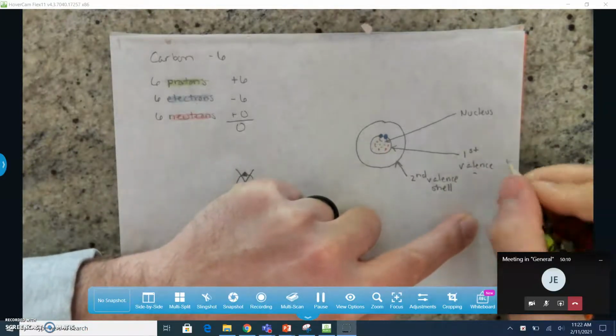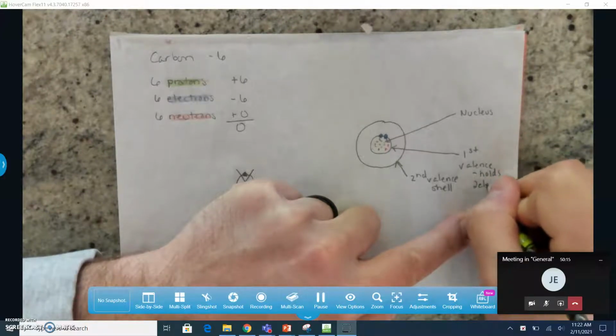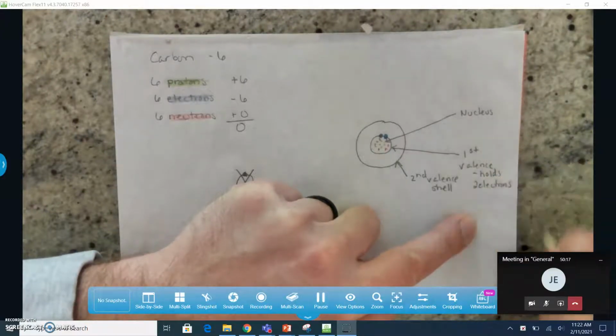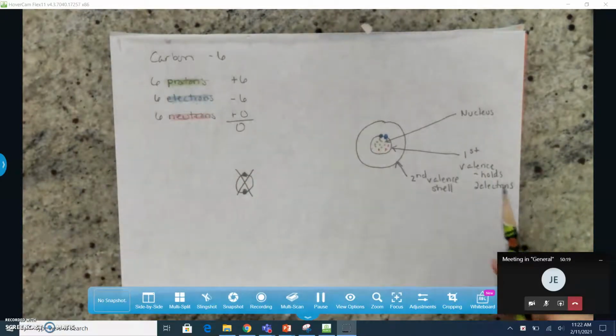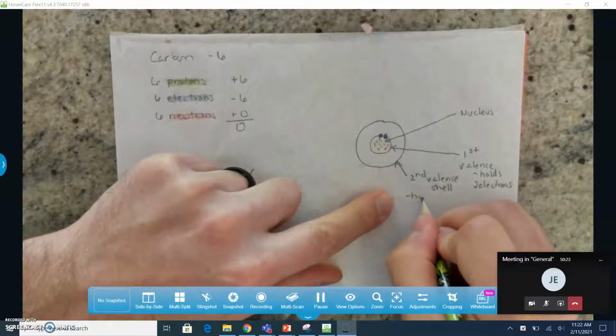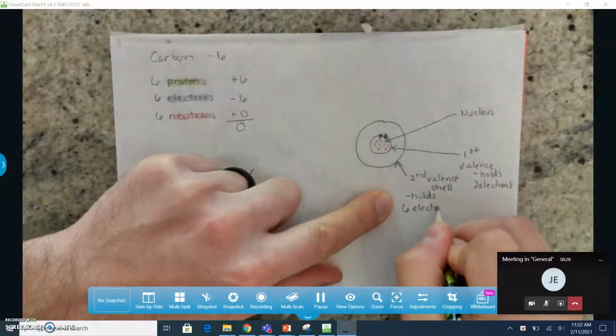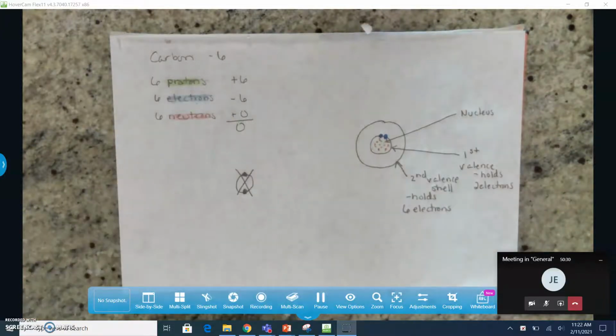Maybe make note that this first one holds 2 electrons. But the second valence shell can hold up to 6 electrons. So now watch how I place these in.